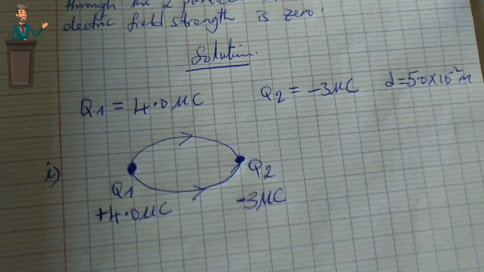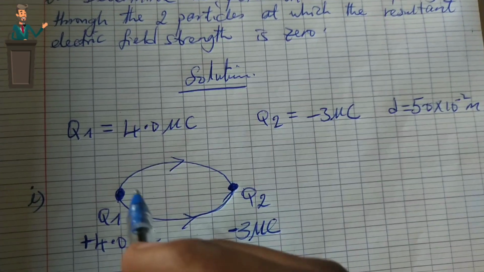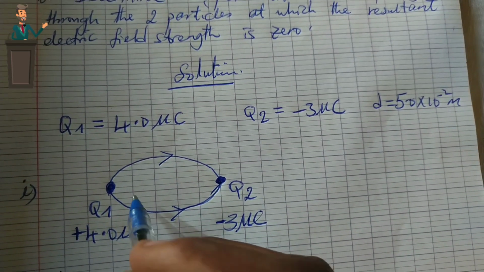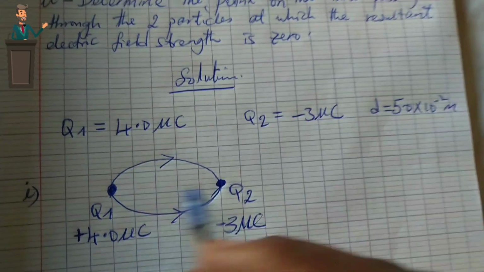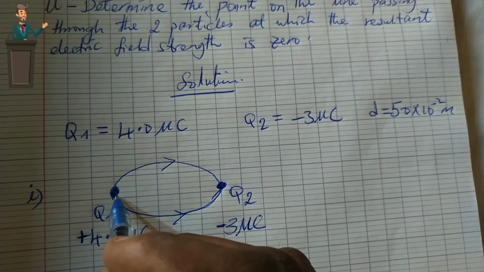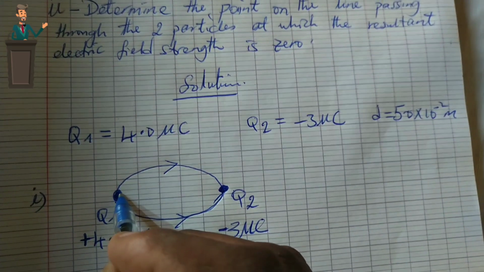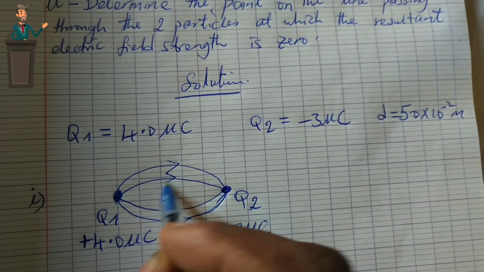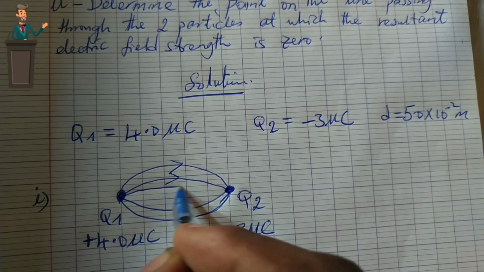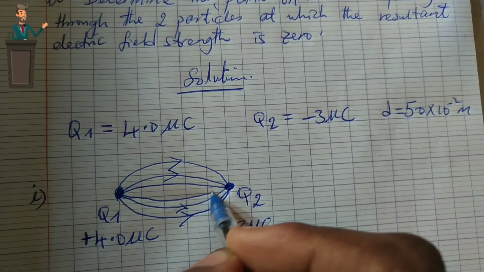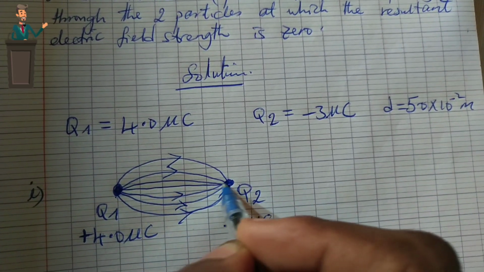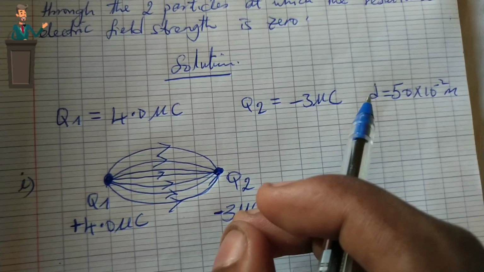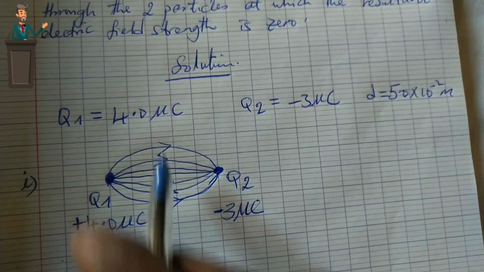Then we should also know that the electric field density is going to be greater closer to the charges, and is going to reduce as we move away from the charges. So as we indicate the field lines like this, when we move closer to the charges, you see that the field lines are closer to each other than maybe in the middle here.